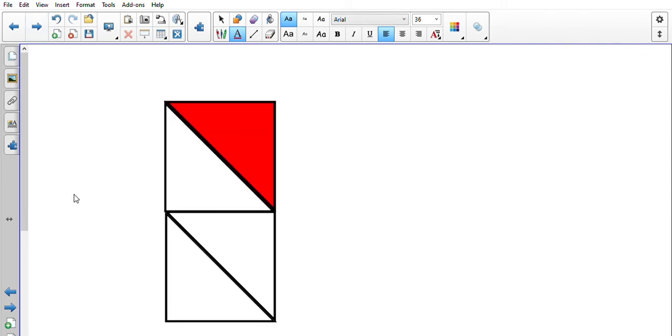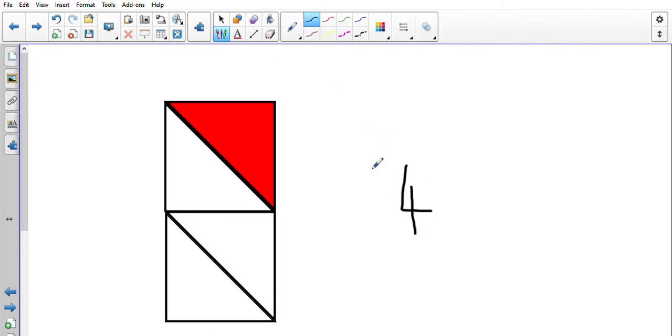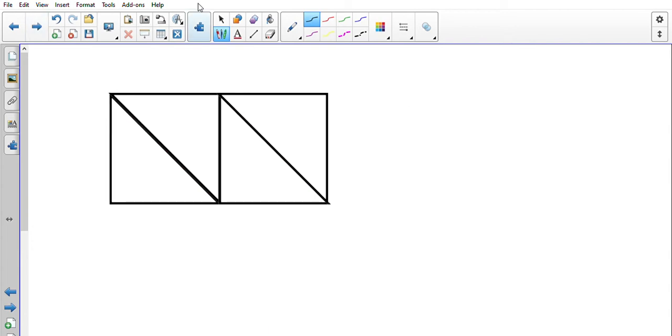How much is shaded on this shape? So we've got 1, 2, 3, 4 pieces. We've got 4 parts of the shape. And one of them is coloured in, which gives us 1/4 shaded. Let's have a look at this one.